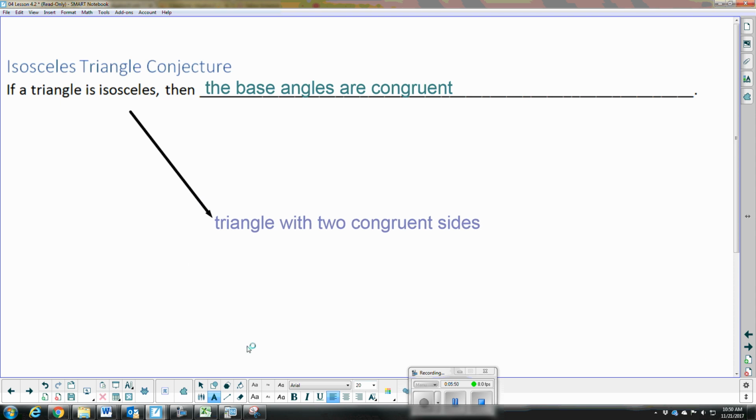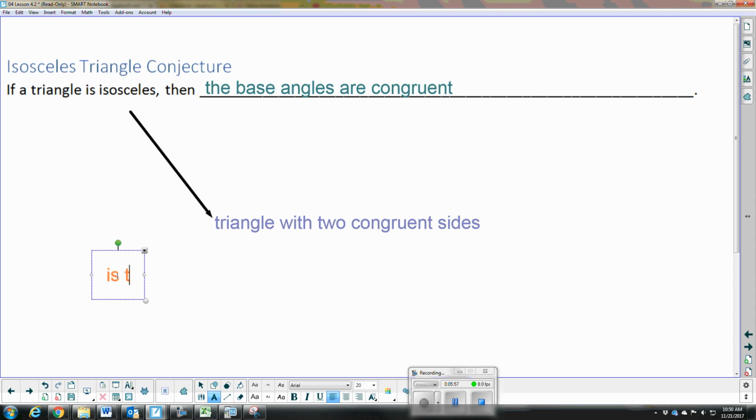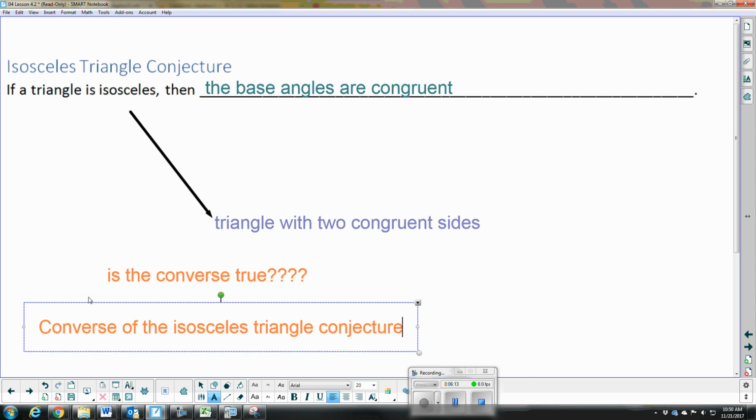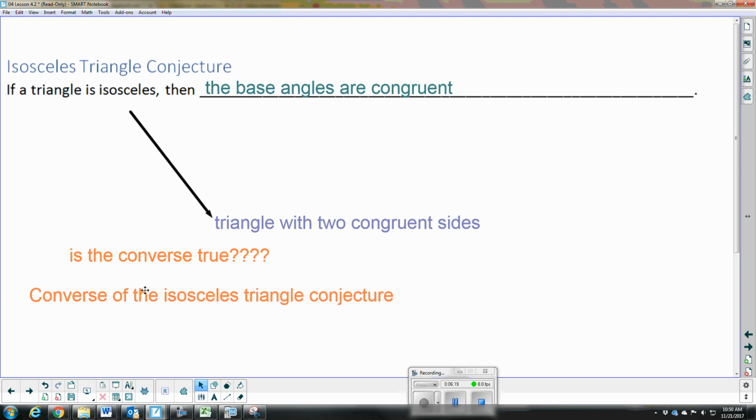Now on your note sheet, there's a question and it says, is the converse true? Well, first let's look at the converse of the isosceles triangle conjecture. So before we determine whether or not the converse of the statement is true, let's actually write the converse.